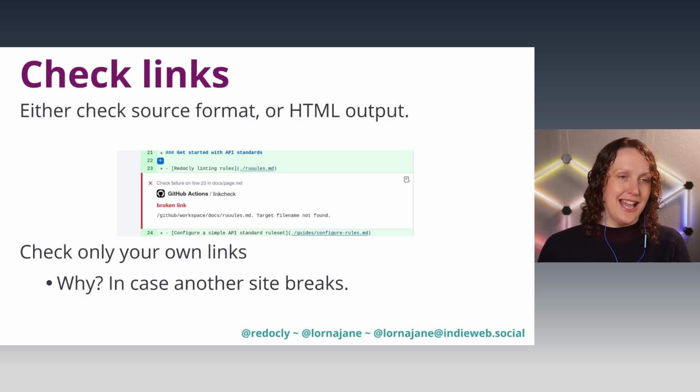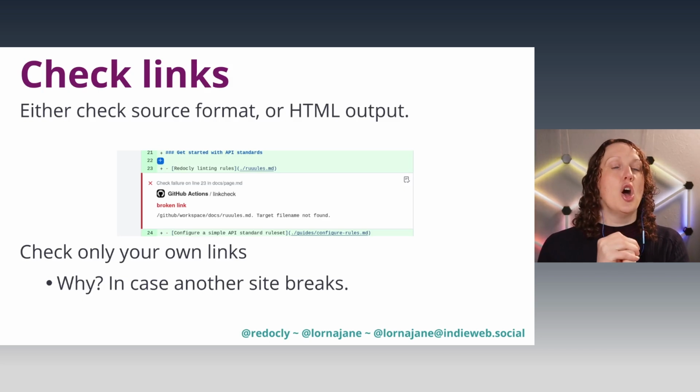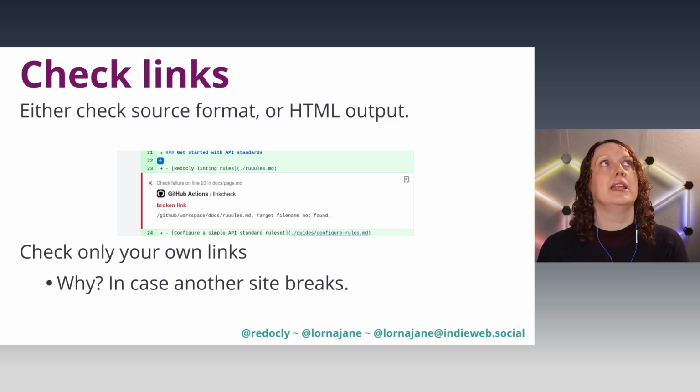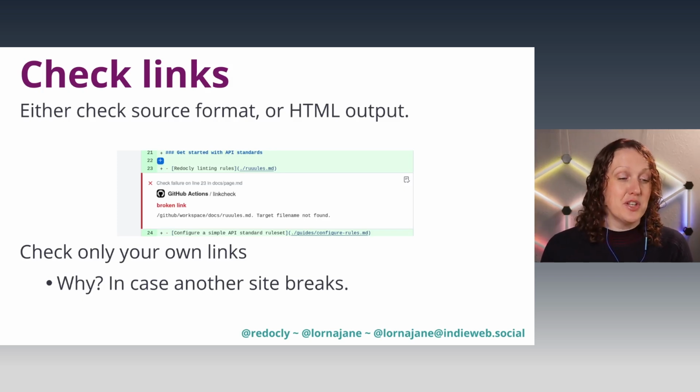I only check internal links, and I would recommend that you do the same, only checking internal links or links to other platforms owned by your company. Because if another site goes down, you do not want to spend their downtime with your builds failing.